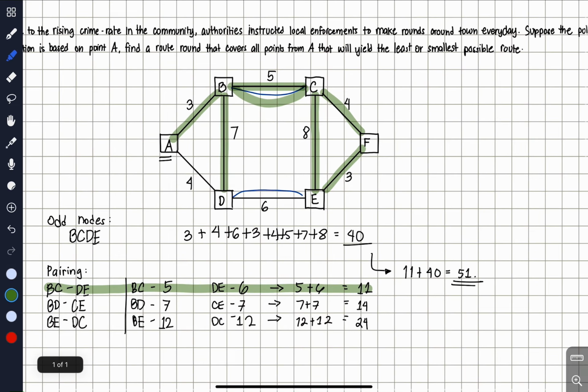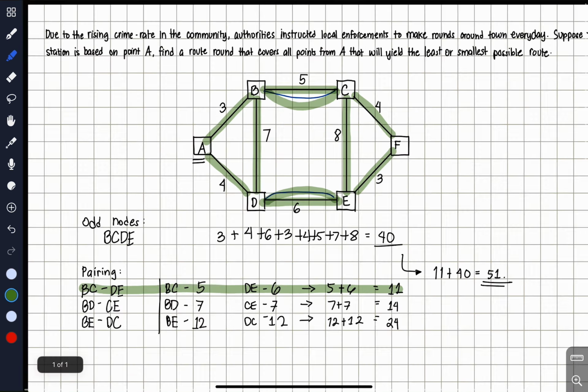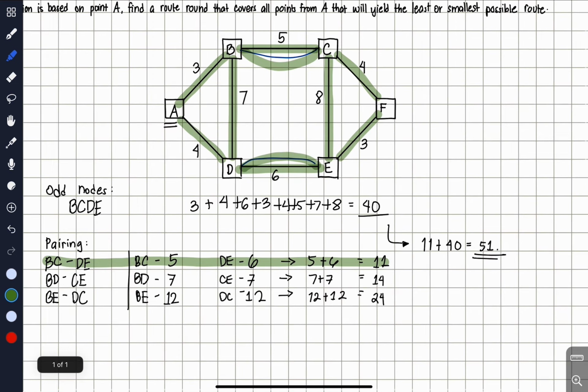So from D we can go again to E, then E to D, then A. So we forgot that we should visit all the possible routes and cities. So yeah, there we go.